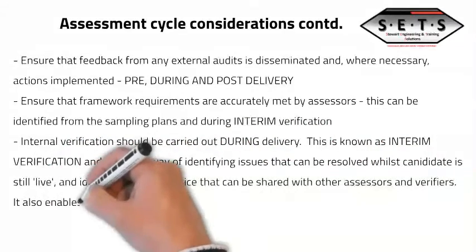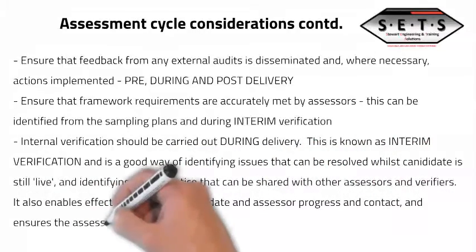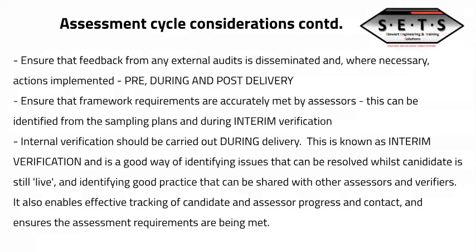This is known as interim verification and is a good way of identifying issues that can be resolved whilst a candidate is still live with the organisation. And you should be identifying good practice that can be shared with other assessors and verifiers. It also enables effective tracking of candidate and assessor progress and contact and ensures the assessment requirements are being met.